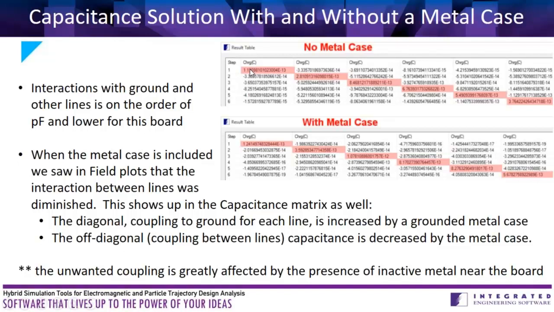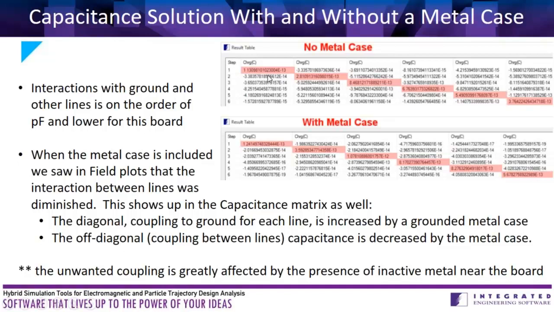What you can see is that the metal case has caused all of the self-effects to become a little bit higher, because the self-capacitance is the capacitance relative to ground. We've brought it closer. Rather than being a vague, far-away world that's at zero, I've brought 0 volts closer. So, of course, the interaction is stronger.